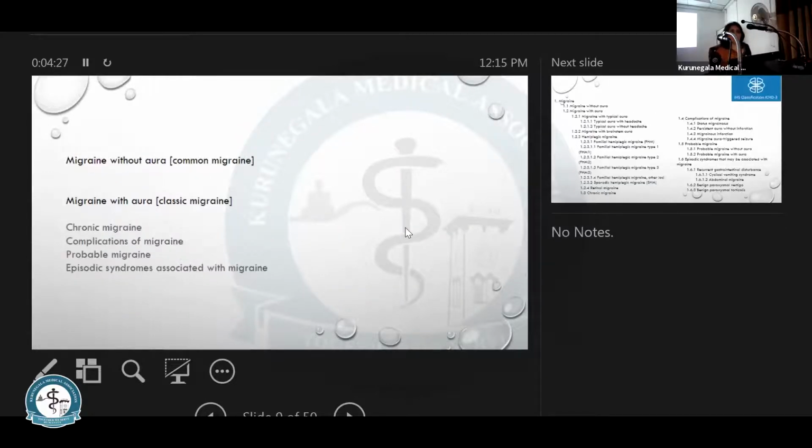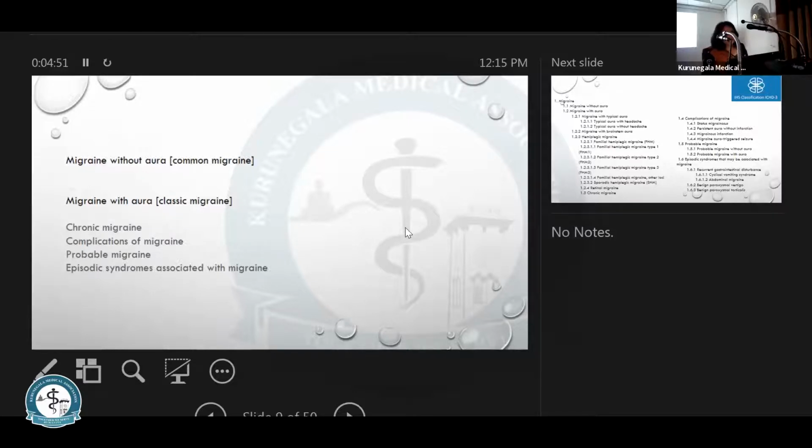When we consider the characterization, migraine without aura and migraine with aura are the commonest two types that we are aware of. And there are other varieties: chronic migraine, which I'll be going into later, complications of migraine, probable migraine, and episodic syndromes associated with migraine.